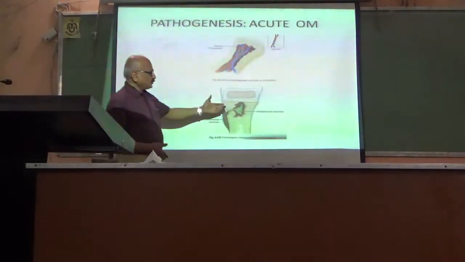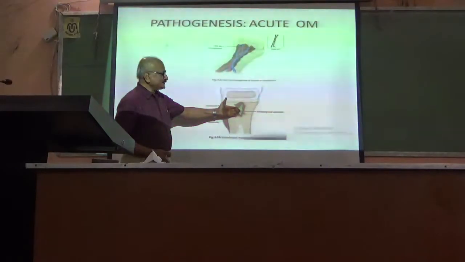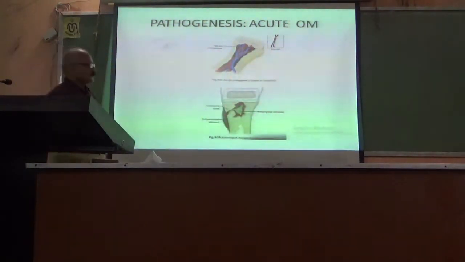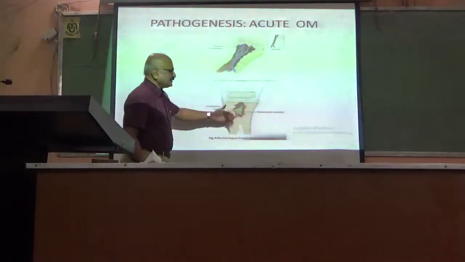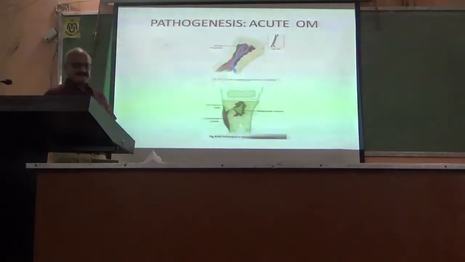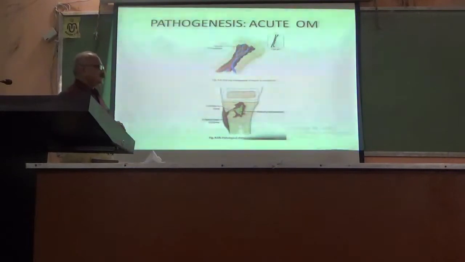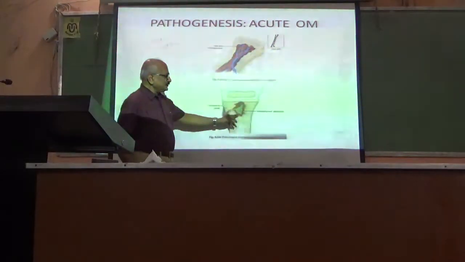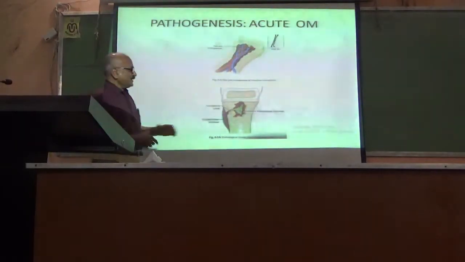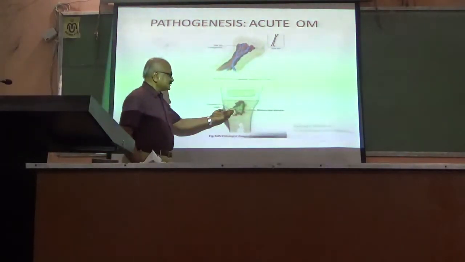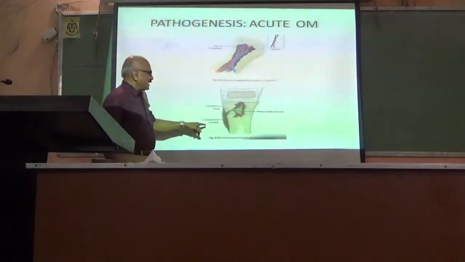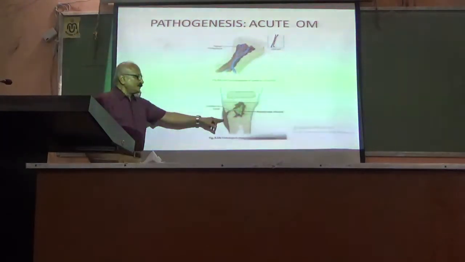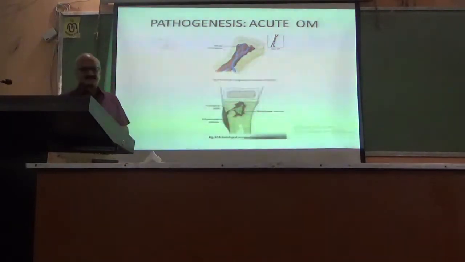Once the microorganism has found its place after overpowering the host immunity, it incites the process of inflammation, necrosis, and then pus formation. Ultimately, because of intense rise of intramedullary pressure, this pus finds its way through the Volkmann's canal outside into the subperiosteal space, forming a subperiosteal abscess.